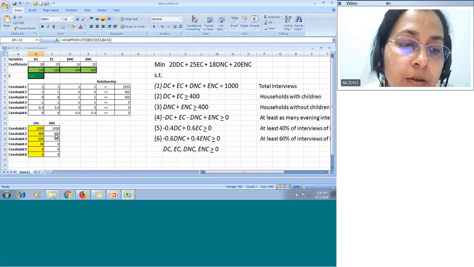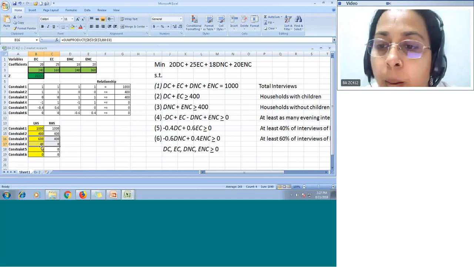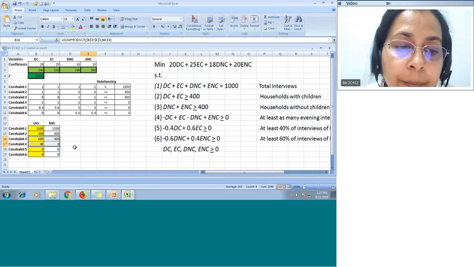You can see here 2 constraints are satisfied with equality. If RHS equals LHS, then this is a binding constraint. So these 2 are binding constraints, as well as these 2. Here RHS and LHS differ, so constraint 3 and constraint 4 are not binding constraints.